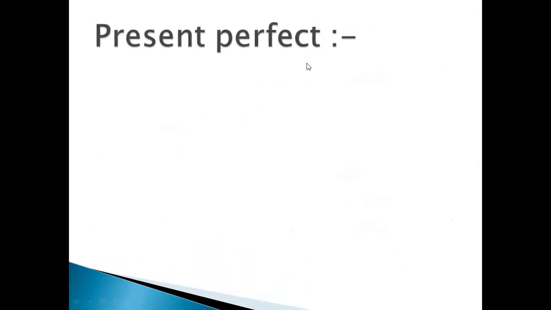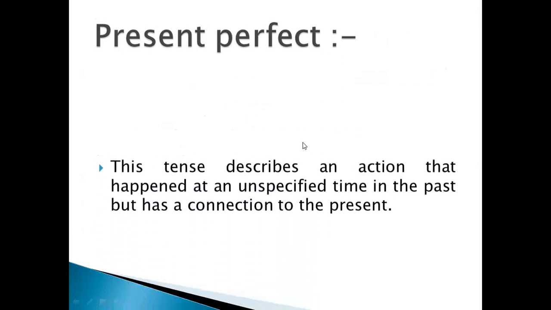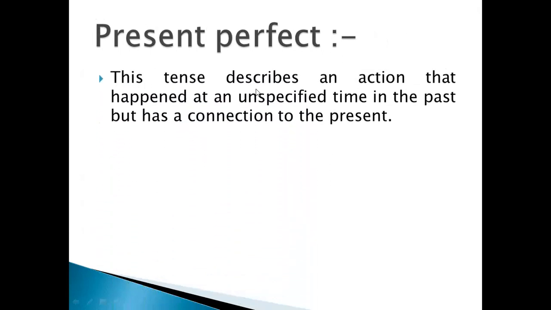Next, present perfect tense. This tense describes an action that happened at an unspecified time in the past, but has a connection to the present. It uses has or have plus V3 form of the verb.